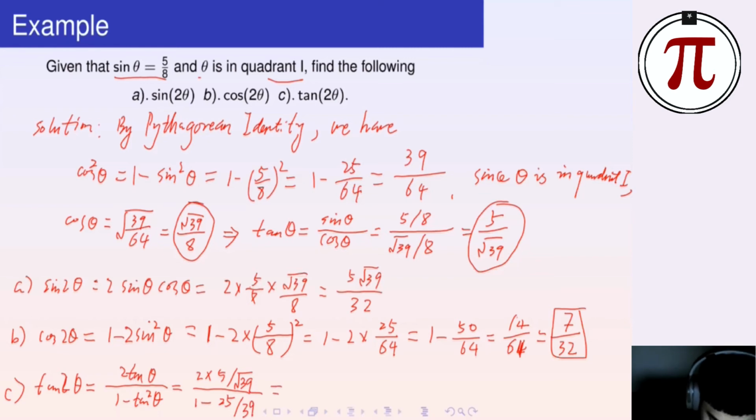So you can find this one. Let's just use a calculator. You can use a calculator: 2 times 5 over square root of 39, this should be in parentheses, right? Equals this one divided by, in parentheses, 1 minus 25 over 39.